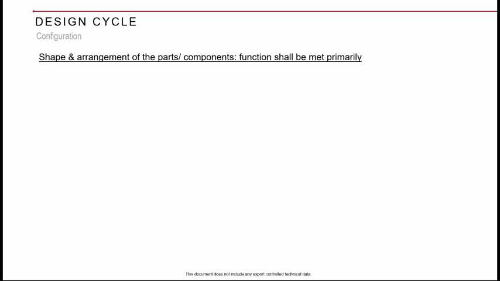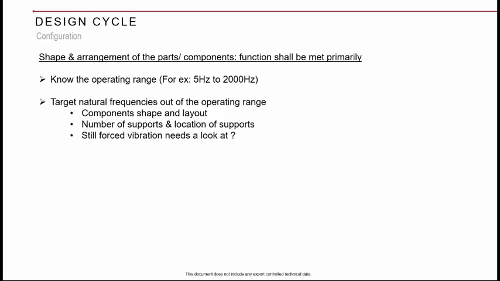But what we have to see from a vibration perspective is that you should know the operating range. For example, 5 hertz to 2000 hertz, or if it is an engine-mounted component, then what is my redline speed or the spool speeds of my engine? Your first objective should always be to target natural frequencies.